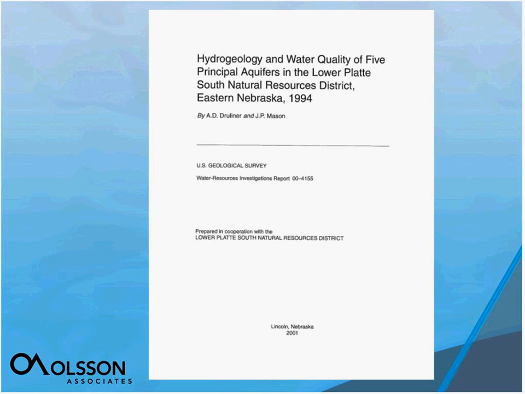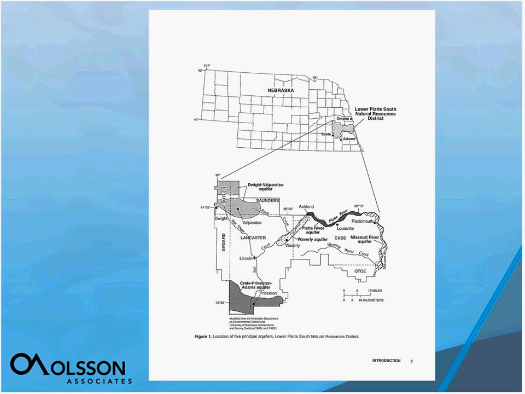This was a study done in 1994, published in 2001, and you might say, well, why did it take so long? Well, the work was done before electronic data like we have today. And so what they did was they took, and we'll show you this in a minute, the same kind of study to the south of our area, and identified 5 specific aquifers.